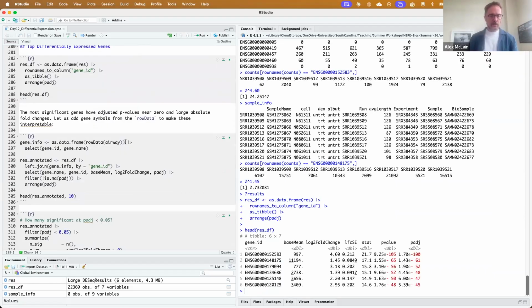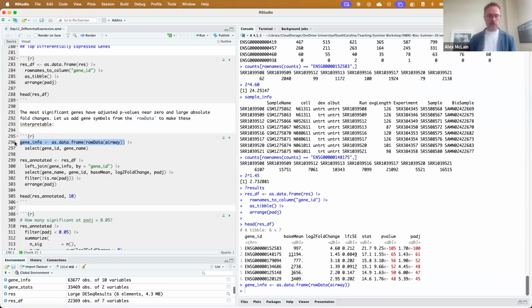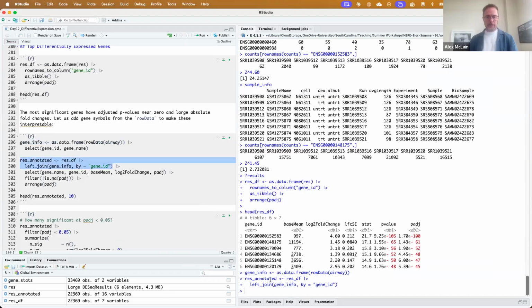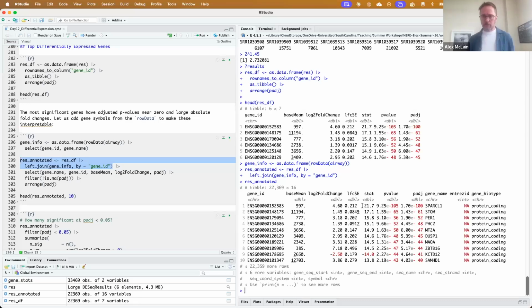So I could not just use the gene ID and gene name, but take all the gene info, and I'm just going to run these 2 lines. Now when I take a look at this, we have a little more information here.